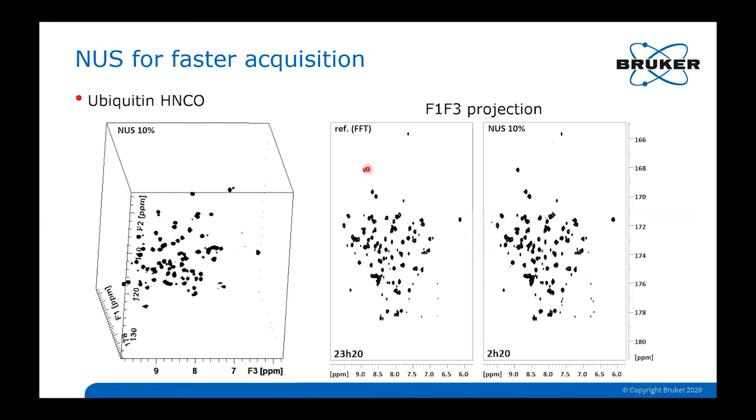In this case, the traditionally acquired experiment, where in the middle we're looking at just the F1, F3 projection, took almost a full day, 23.5 hours. But doing 10% sparse sampling, we're now able to acquire data of similar quality in under 2.5 hours. So this can be an extremely powerful technique for bio-NMR experiments, which traditionally take a long time, sometimes multiple days.